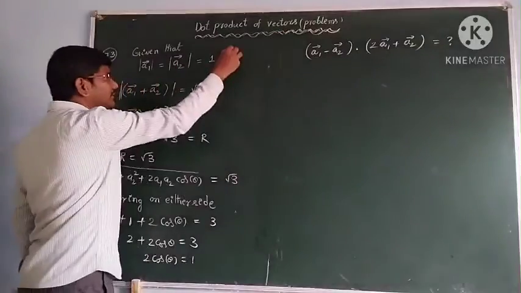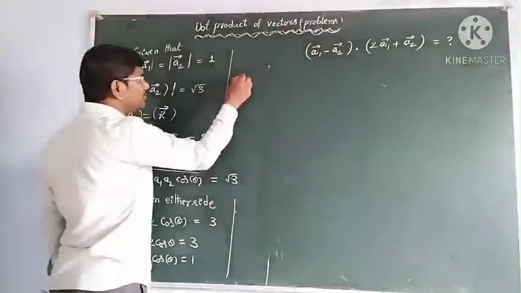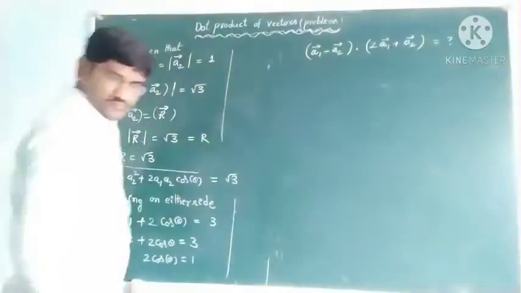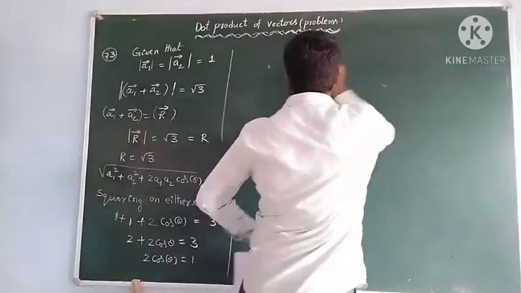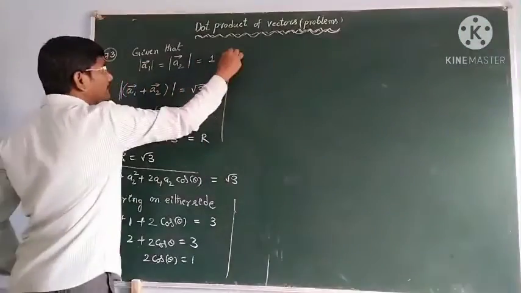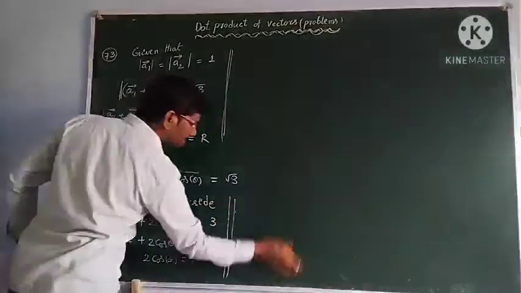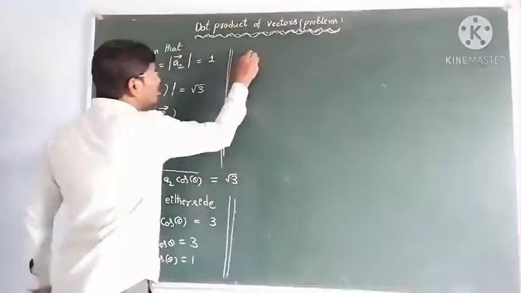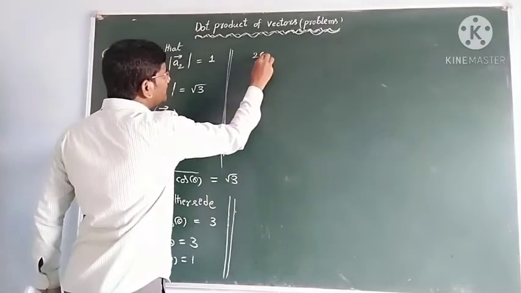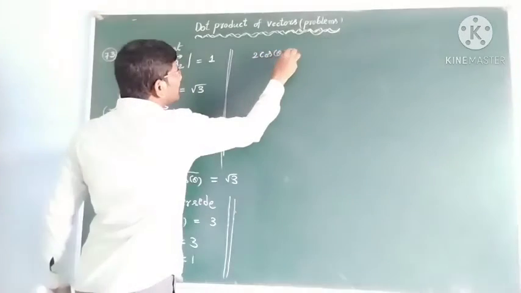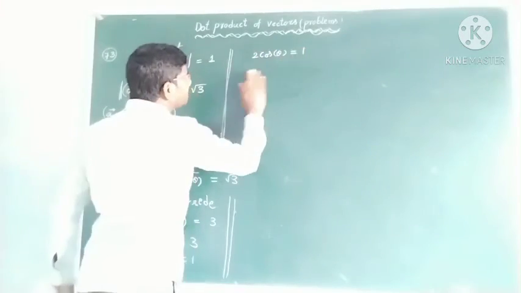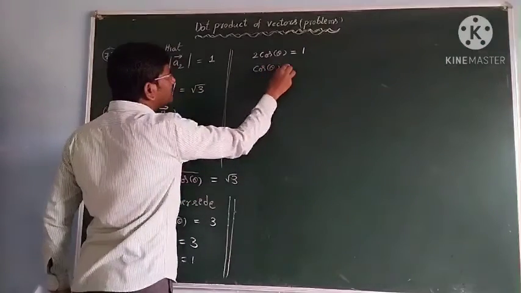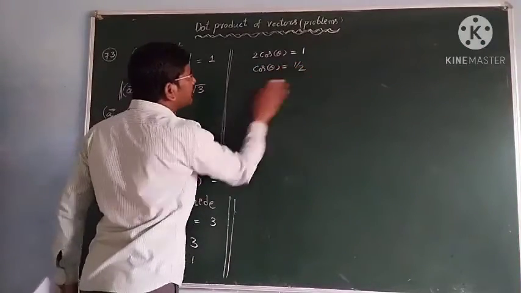From this, you see, students, 2 cos theta is equal to 1, and cos theta is equal to 1 by 2.